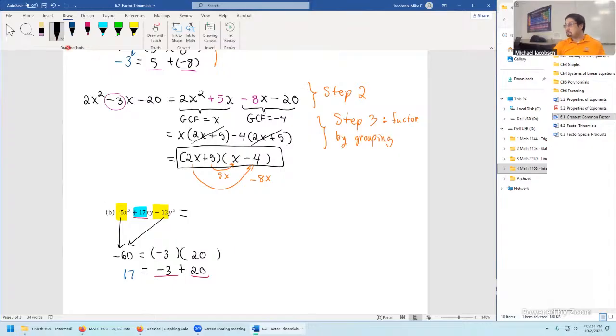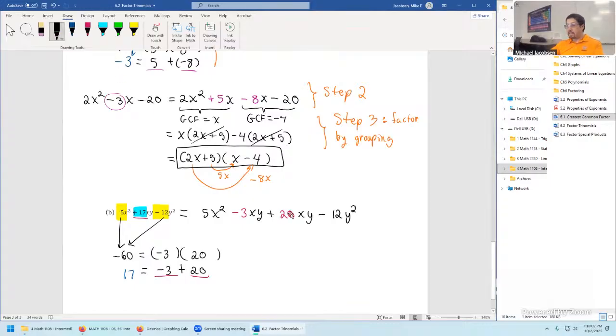So we recopy the problem, 5x squared, but then we use these numbers down below, minus 3xy plus 20xy minus 12y squared.